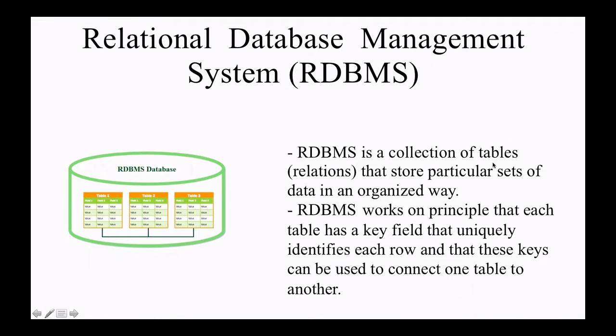Relational database management system. An RDBMS is a collection of tables that stores particular sets of data in an organized way. An RDBMS works on a principle that each table has a key field that uniquely identifies each row, and that these keys can be used to connect one table to another.